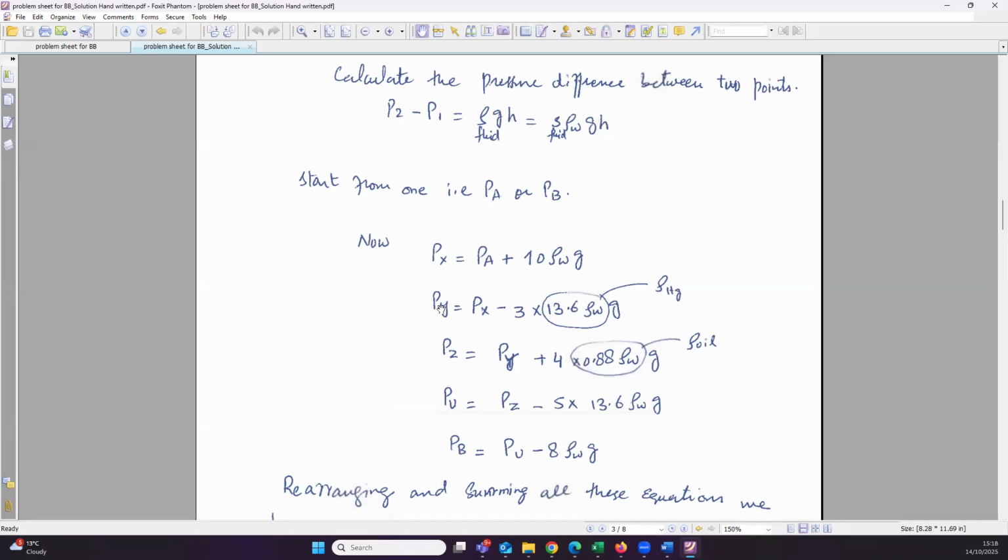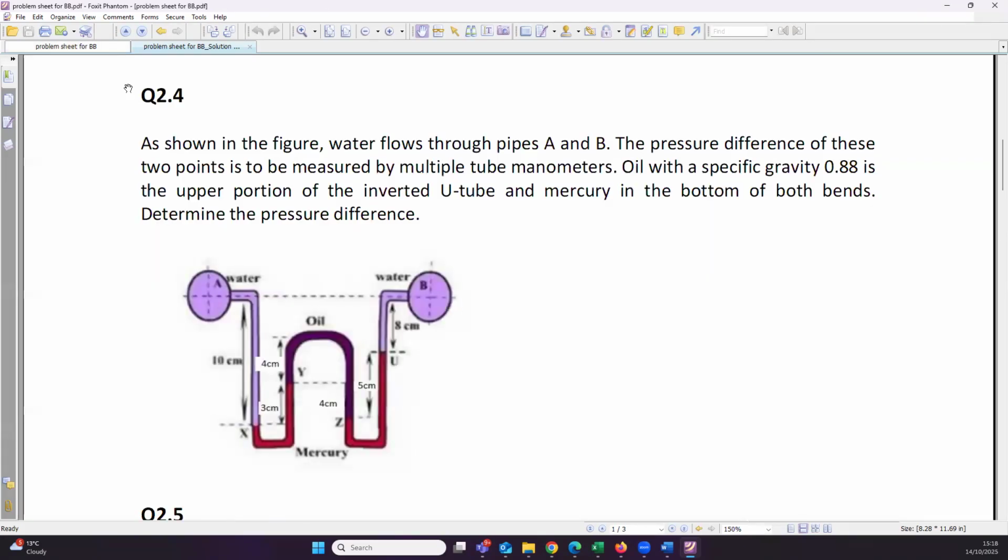Okay. So similarly, you keep going. Now you know the pressure up to this point, and you use the same trick. You go on this side, and you know that up to this point the height is 4 centimeter. Okay, it should actually be up to this point, sorry, not to the bottom.